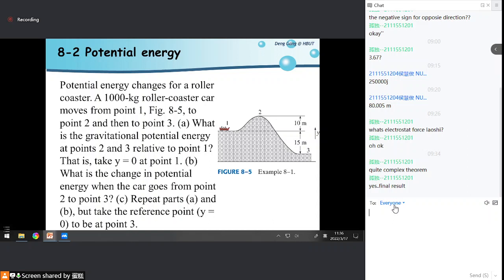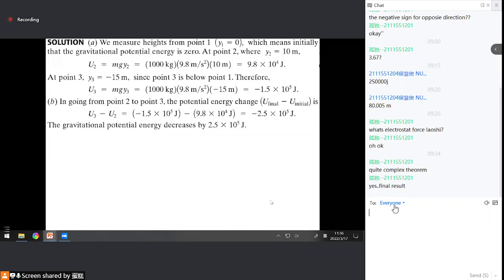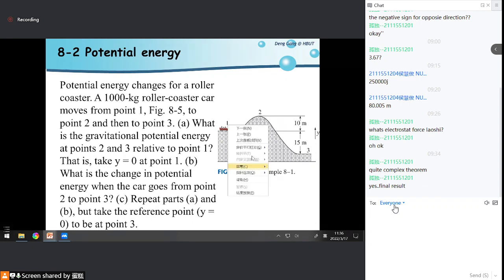So if I choose here to be the origin, in this case y2 should be equal to 10, right? 10 meters in this case.